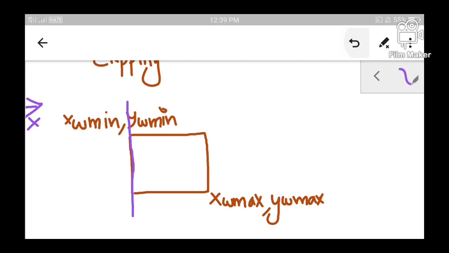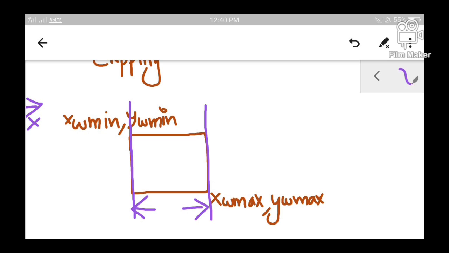Similarly, this portion indicates the right boundary of the window. And the right boundary of the window is represented using the value XW max. From this it is clear that the window should span between X minimum and X maximum.